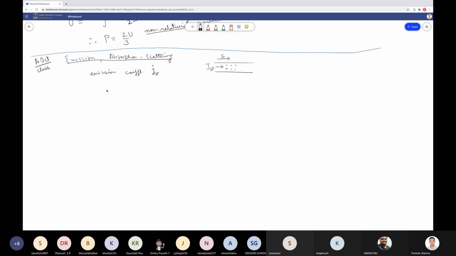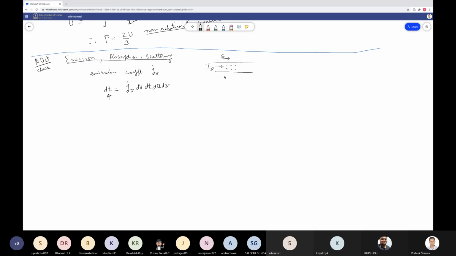What is meant by J nu? dE is equal to J nu dV dt d omega d nu. Basically, this is the amount of energy in photons added due to emission created by this matter, which is emitting photons in volume dV.